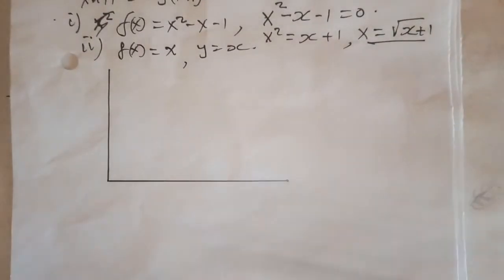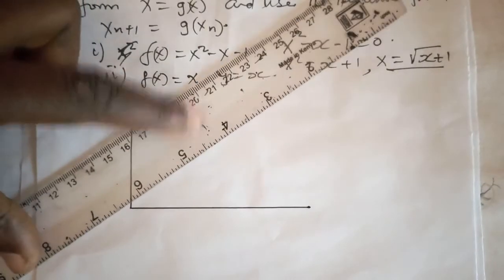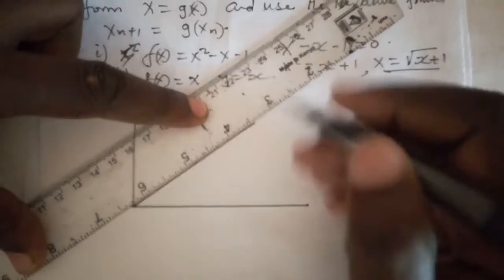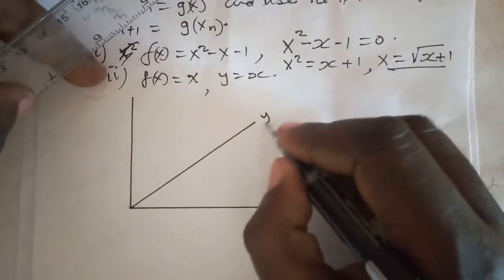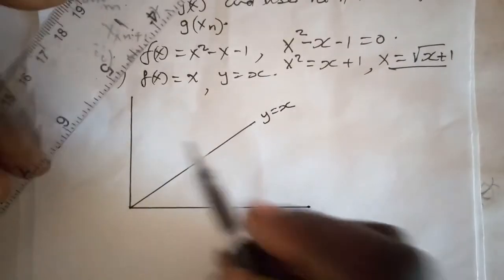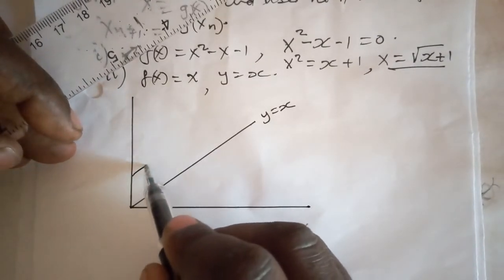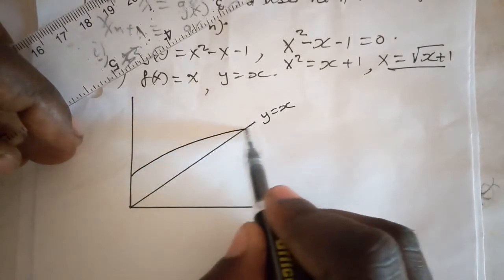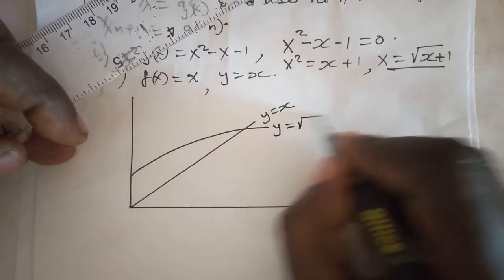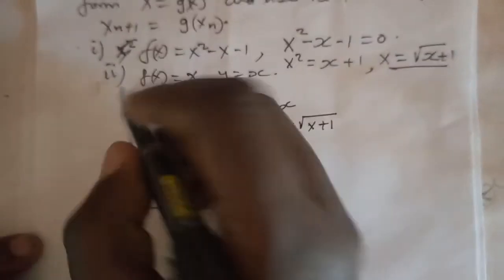We have this graph of y is equal to x in the same graph. Let's have it here. This is just y is equal to x. And we have this other graph, y is equal to the root of x plus 1. Those could be the graphs that you are dealing with.